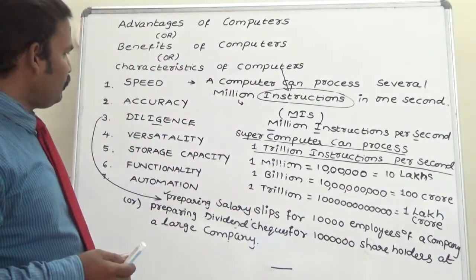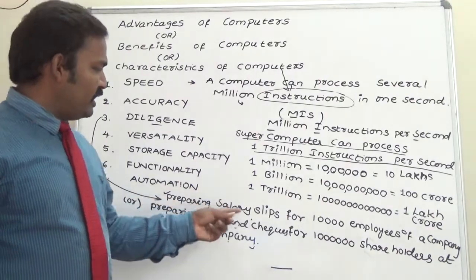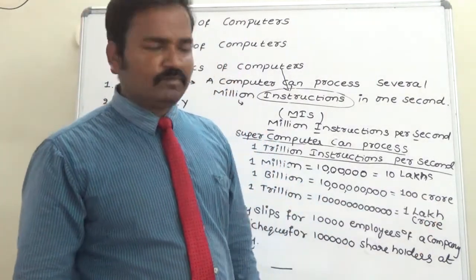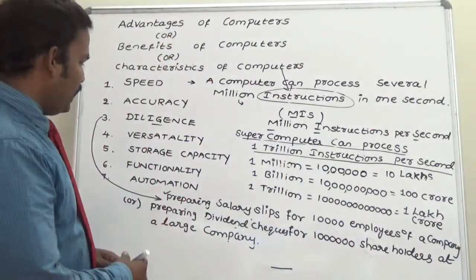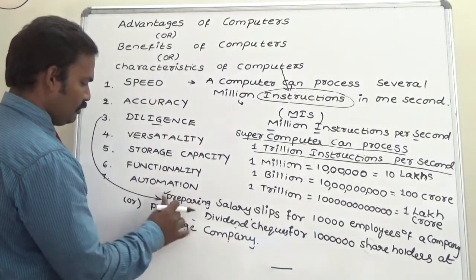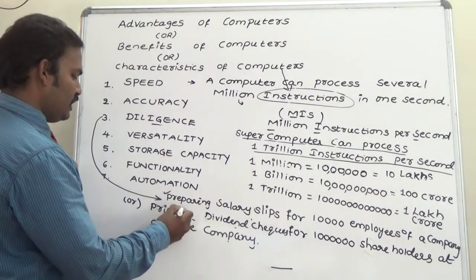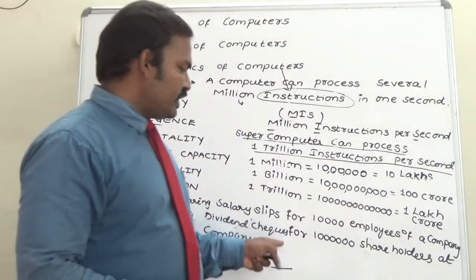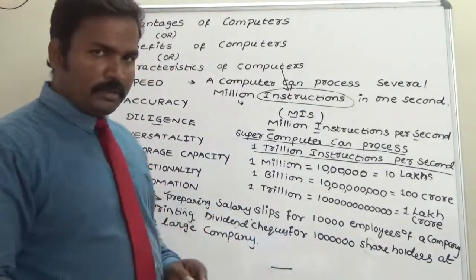Next, we have seen one example also. Suppose preparing salary slips for 10,000 employees of a company, this is one task. Another task is printing dividend checks for 10 lakh shareholders at a large company.